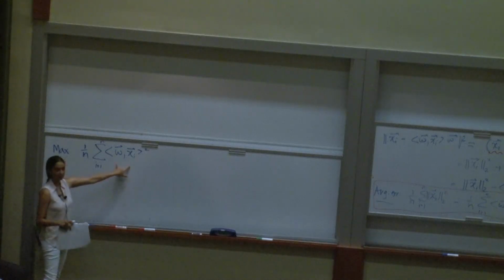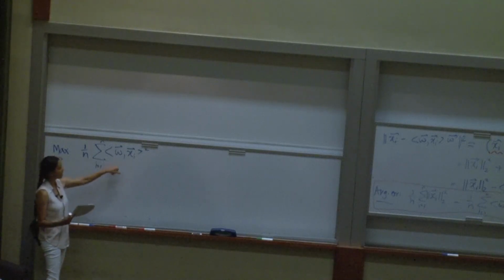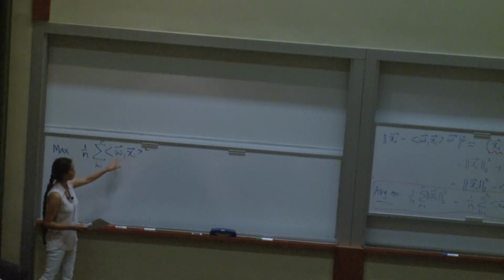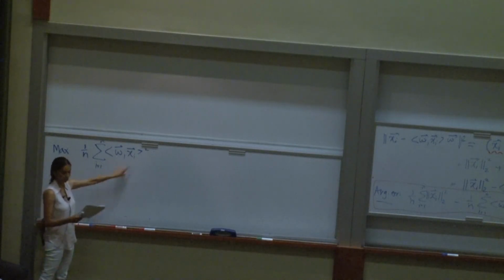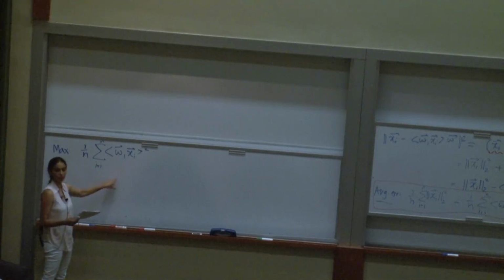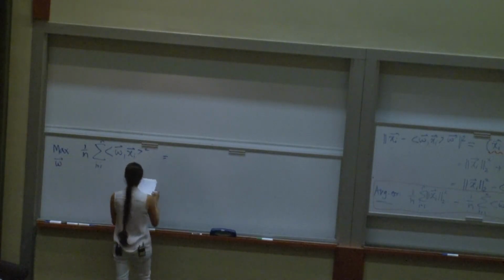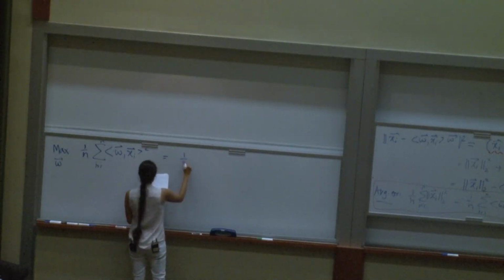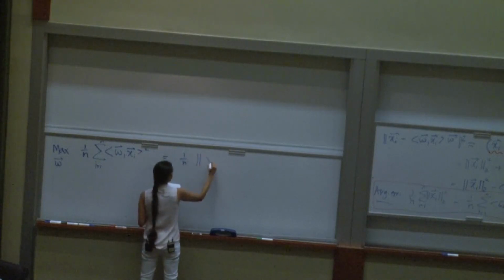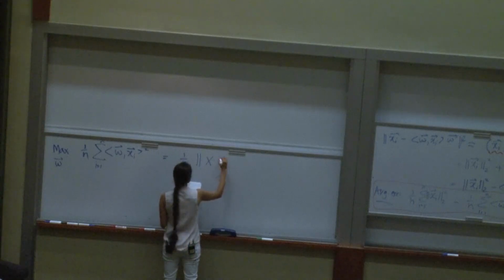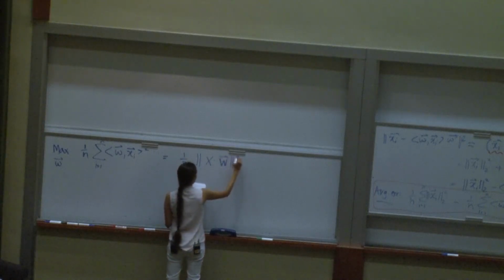So now this thing is an inner product, right? And I'm taking this sum over all of these. So this is basically x1 transpose times w squared plus x2 transpose times w squared plus x3 transpose times w squared all the way. I can write this conveniently as 1 over n times my data matrix X times w, whole squared.